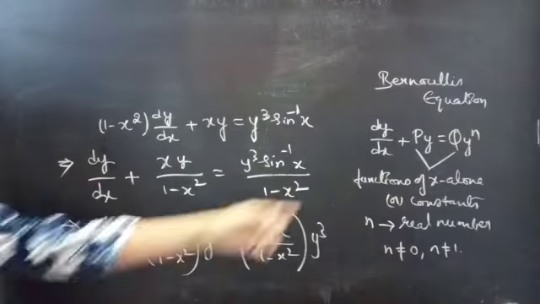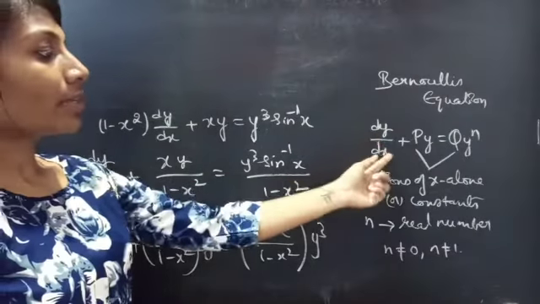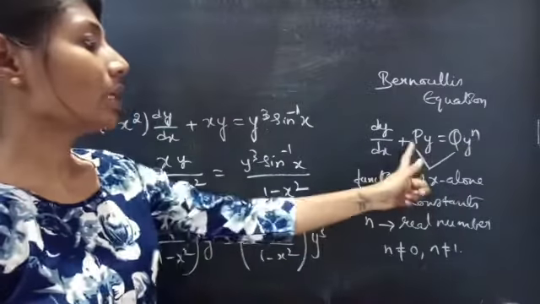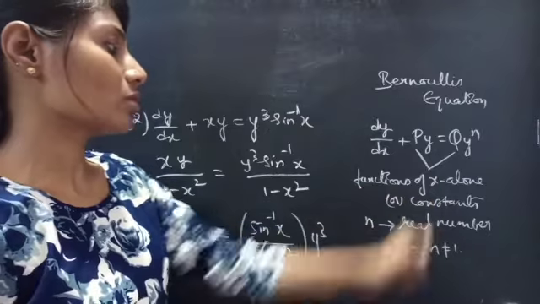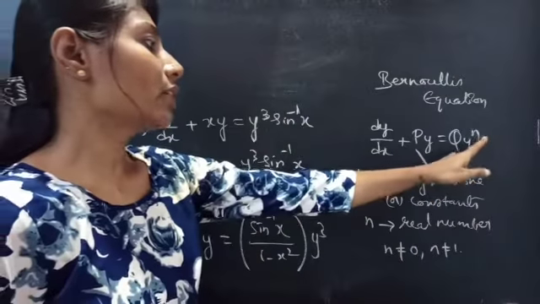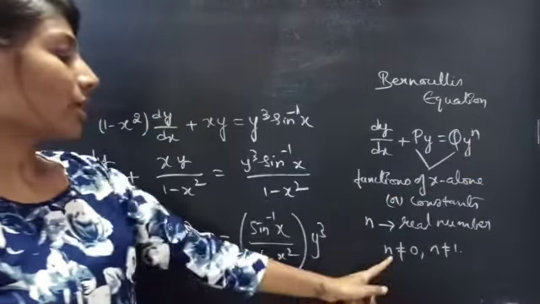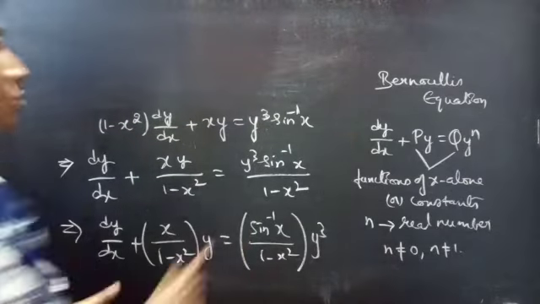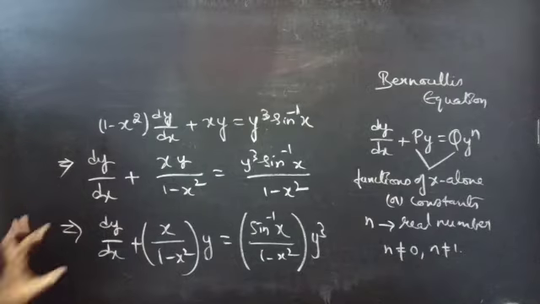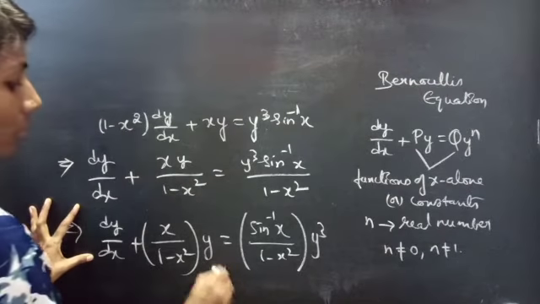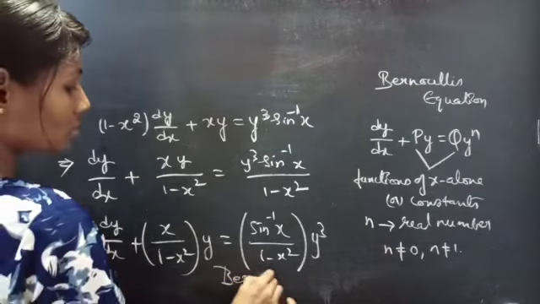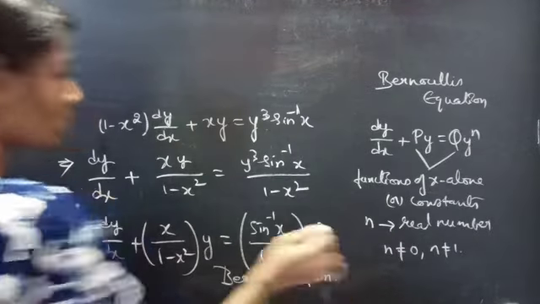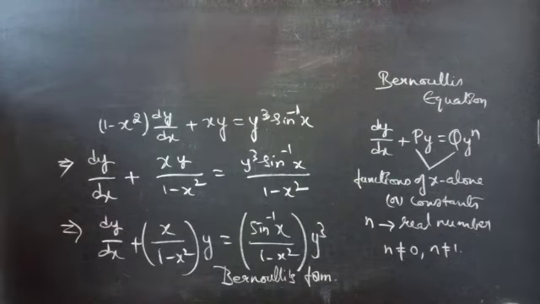We know that Bernoulli's equation in y and x is dy by dx plus py equals to q into y power n, where p and q are either functions of x alone or constants. And here you're having n, right? This n is a real number such that n not equals to 0 and n not equals to 1. So by comparing these two equations, we can say that we have reduced the given equation to Bernoulli's form, right? This is a Bernoulli's equation.